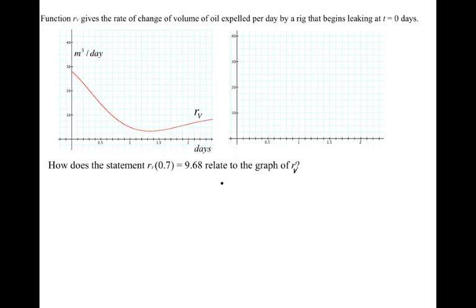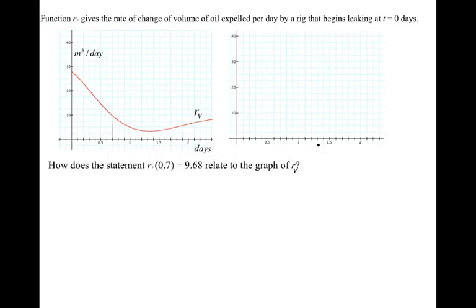What does it have to do with the displayed graph? Is it just the rate of change? Yeah, or at 0.7 days. So this is one correspondence point on that graph.